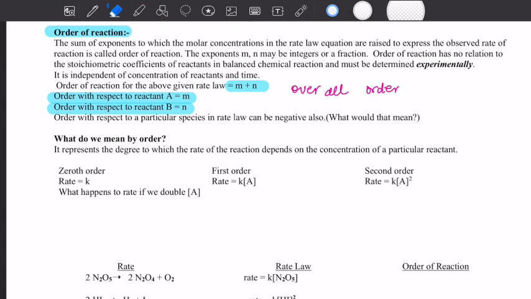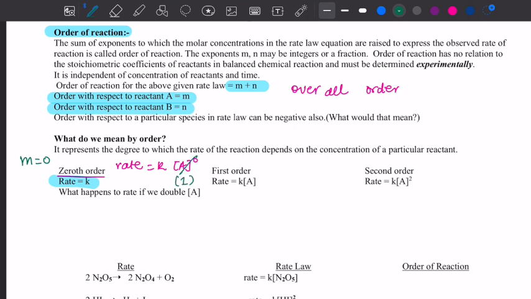So if we say that the rate of the reaction is zeroth order with respect to A, then what we are saying is that the rate is k concentration of A raised to the power 0, because m is 0 in that case, which basically gives you the rate law as rate equals k, because anything raised to the power of 0 is 1.